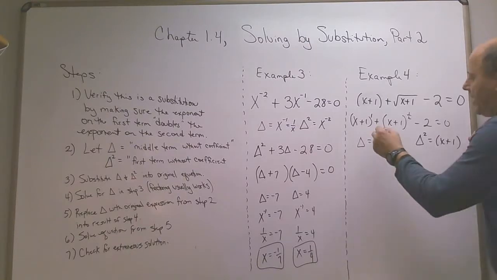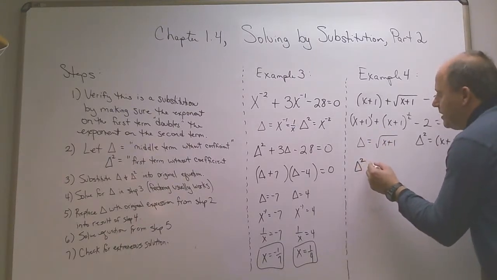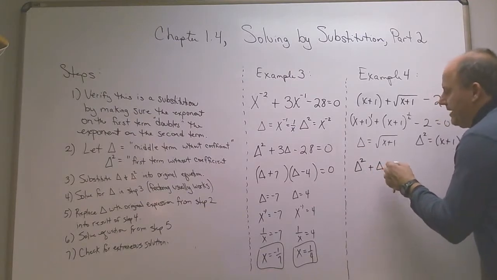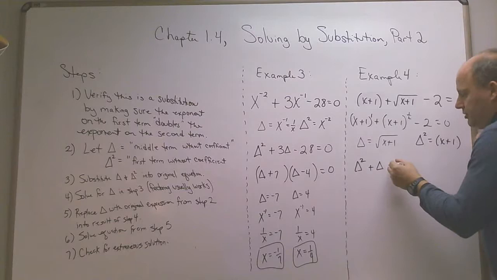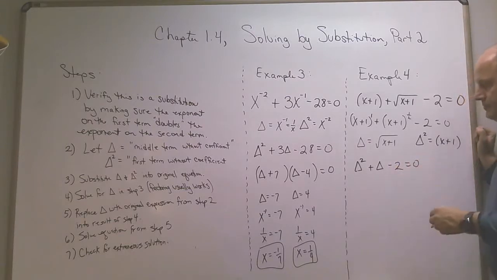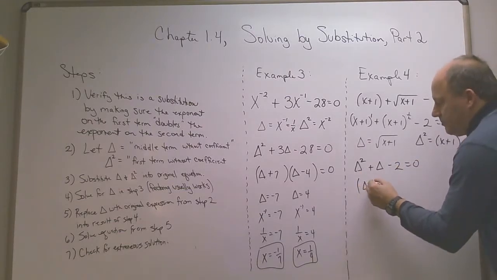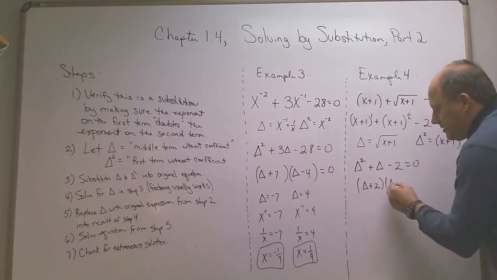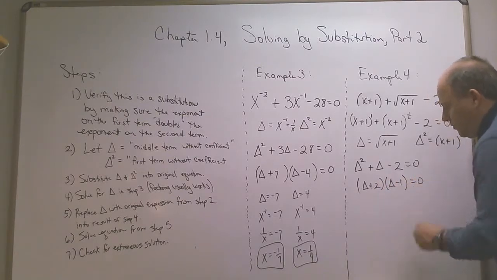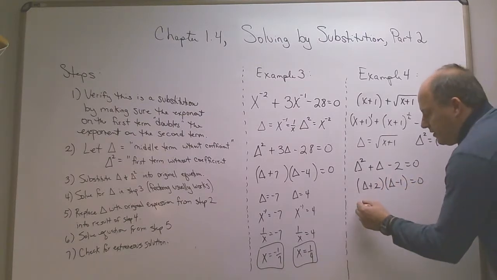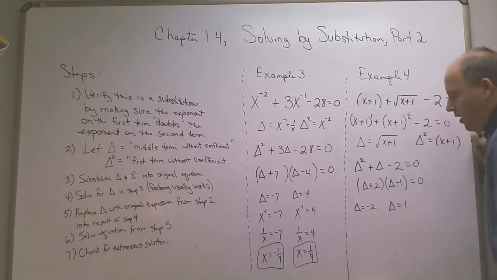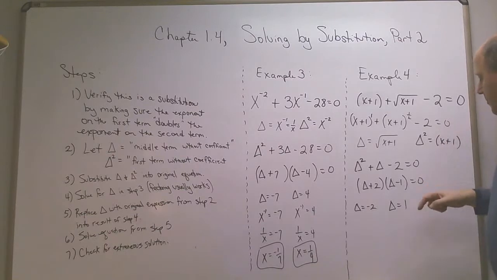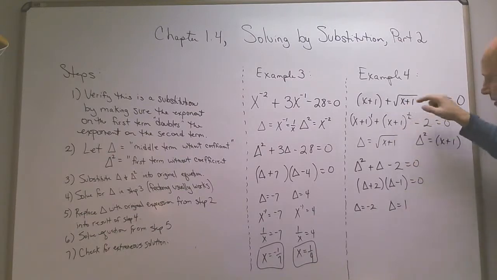And then it becomes delta squared plus delta, because I'm letting delta be the middle term and delta squared be the first term, minus 2 equals 0. And this becomes delta plus 2 times delta minus 1 equals 0. So delta is -2 and delta equals 1. And then you plug your square root of x plus 1 back in for the delta.